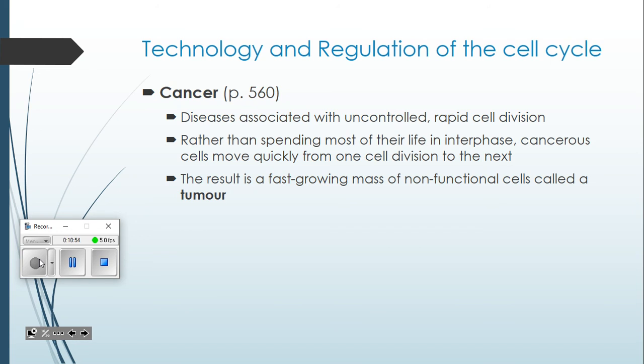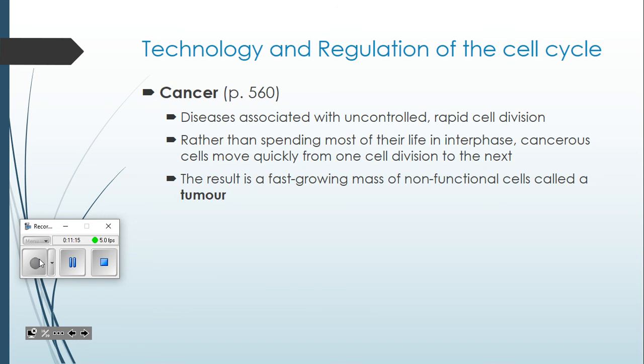Now in cancer, rather than spending most of their life in interphase, cancerous cells move very quickly from one cell division to the next. So instead of 10% of their life in mitosis, 90% in interphase, they'll have like mitosis, 10% of the time, mitosis again.